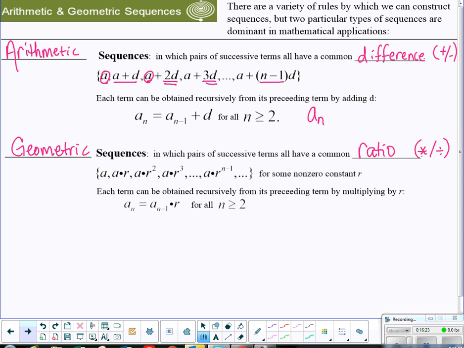I like to kind of remember this formula as well, that no matter what I start with, maybe I'm starting with my a sub m, I can find any finishing value a sub n by just remembering that it's going to be the amount of differences that lie between the nth term and the mth term. That's kind of hard to say. And then I'd multiply by that common difference.